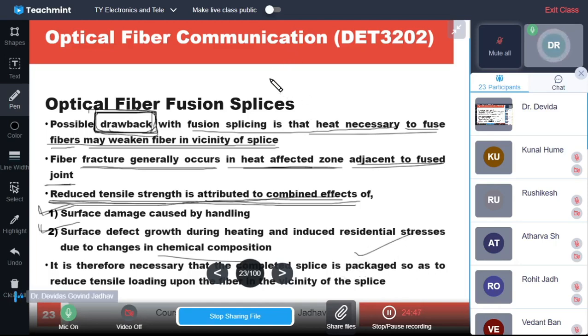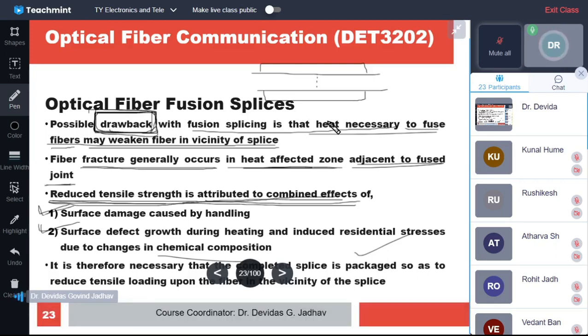Once the fiber is spliced, suppose the fiber is spliced here, at this position, then that fiber must be packaged somehow, so that it will provide strength to the joint. It will hold both side fibers together.